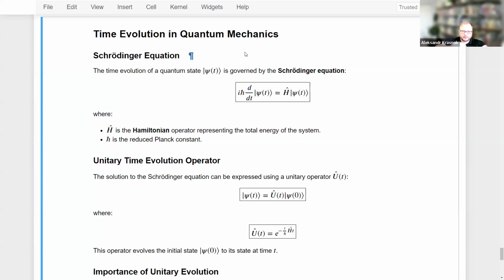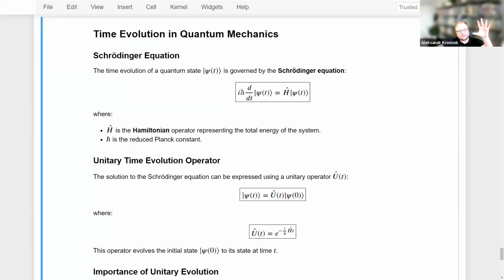Time derivative means that you jump to another time instant, and this operation is given by this Hamiltonian, the operator of the total energy.